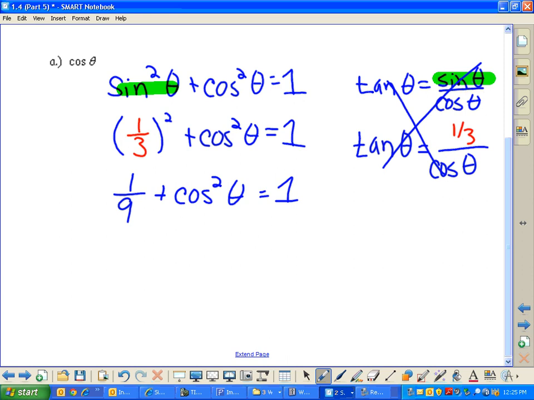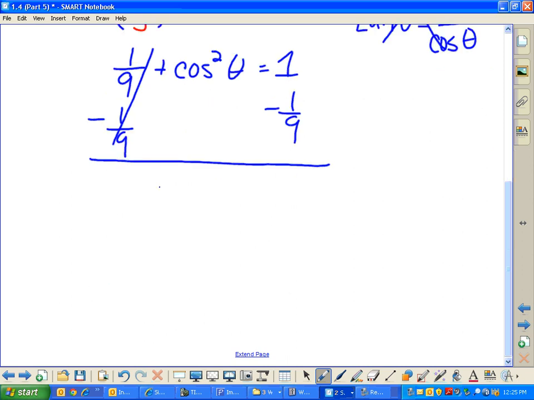You know what you have to do to both sides? Subtract 1/9. So we have cosine squared theta equals 1 minus 1/9. That's 9 over 9 minus 1 over 9. 1 whole take away 1/9 is 8/9.